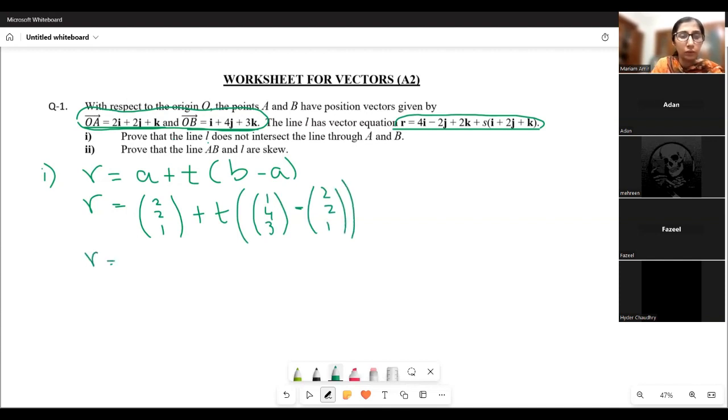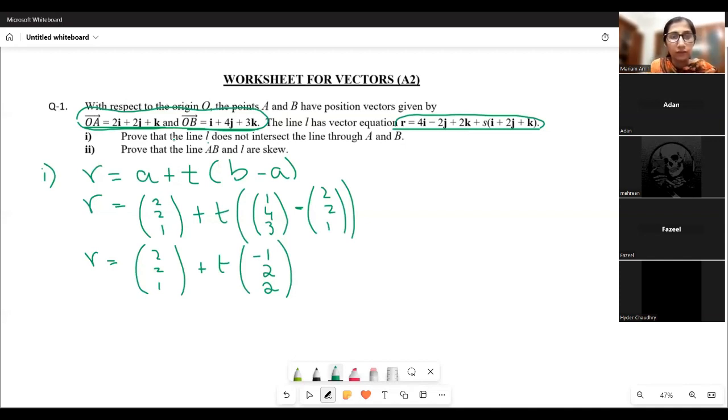So r equals (2, 2, 1) plus t, and then B minus A would be (-1, 2, 2). Okay, keep a close watch on my working and my calculation.